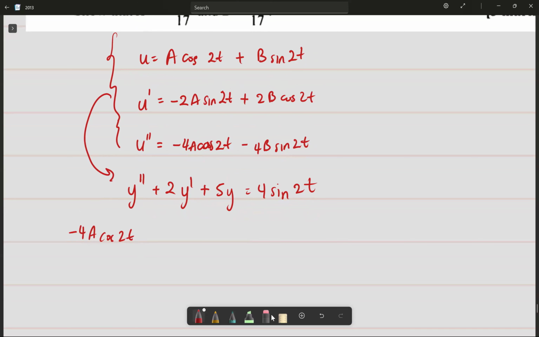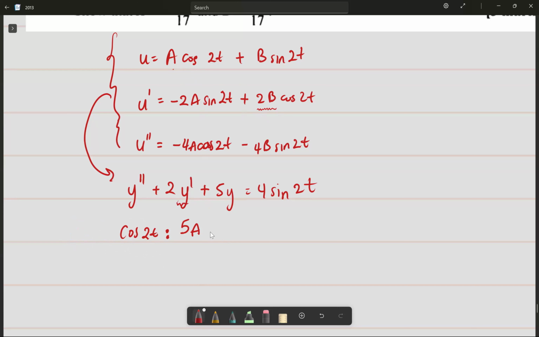No, I don't need to show you that. We're going to do a selective expansion again, to show that we don't need to do that. So for the cosine 2t term, the cosine 2t terms is going to be 5 times this a, so that's 5a, plus 2 times this 2b.